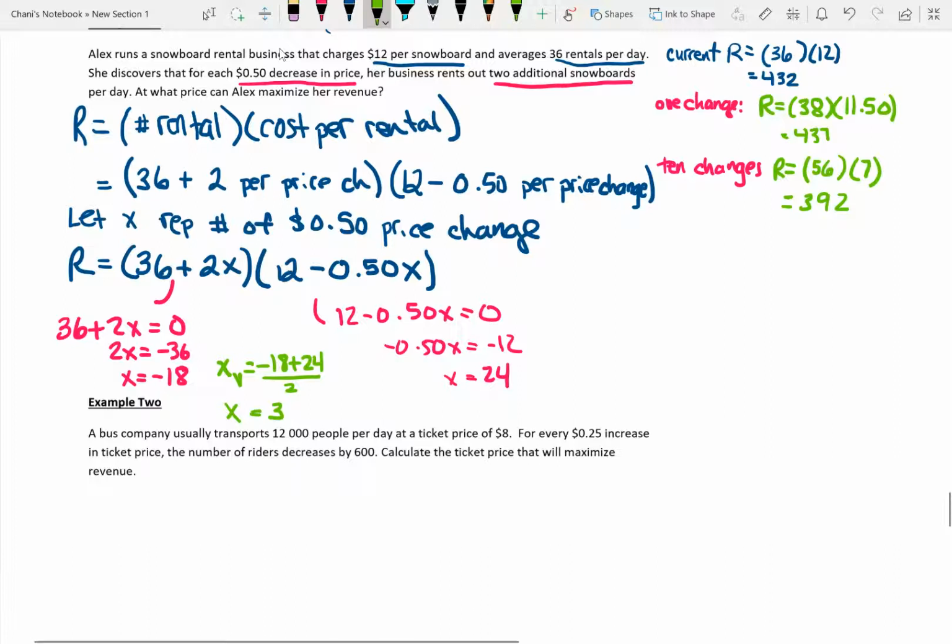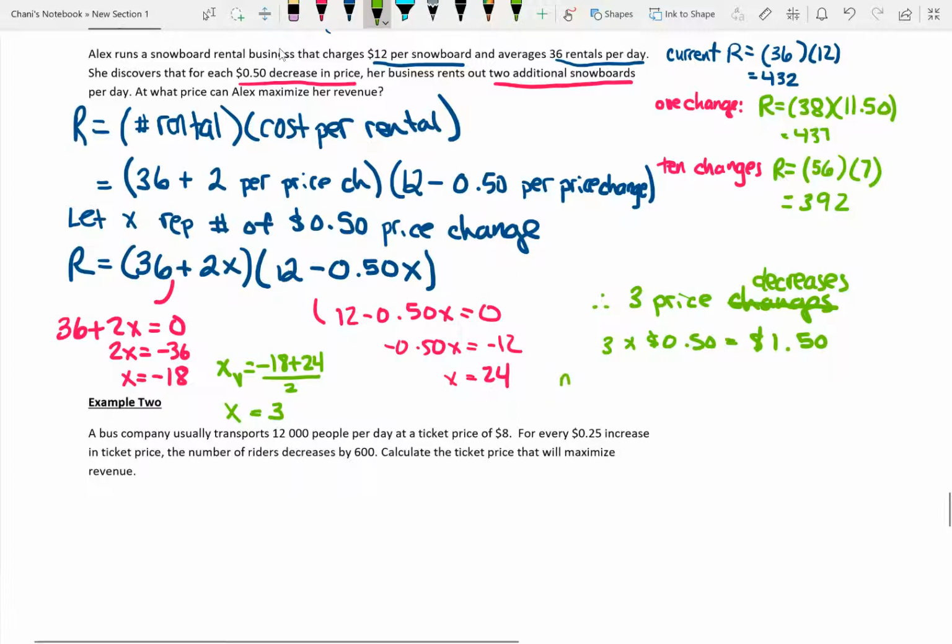That means that that is the number of price changes that we should have. So therefore, 3 price changes, so that's 3 times 50 cents per price change. So we are going to decrease the price by $1.50. So in fact, even better than saying price changes would be to say price decreases.